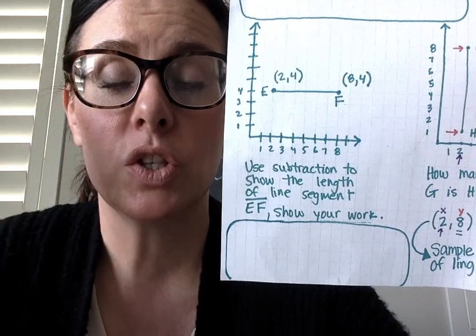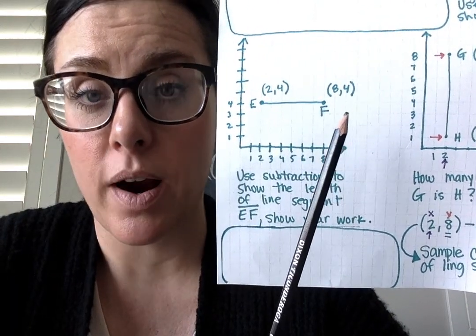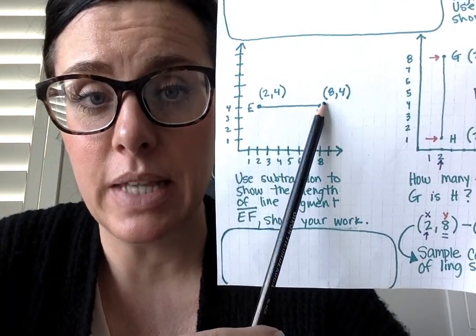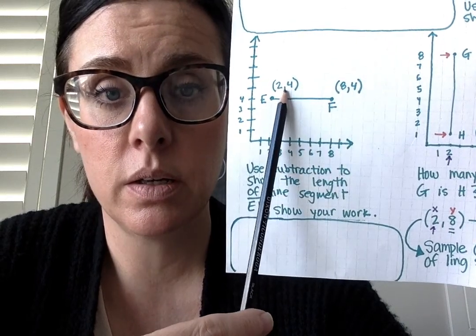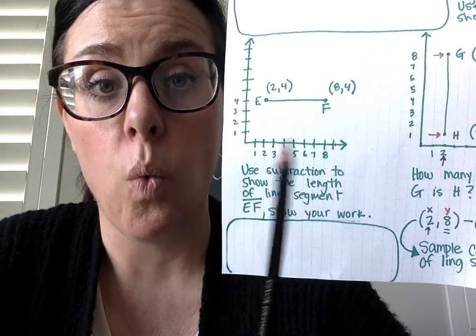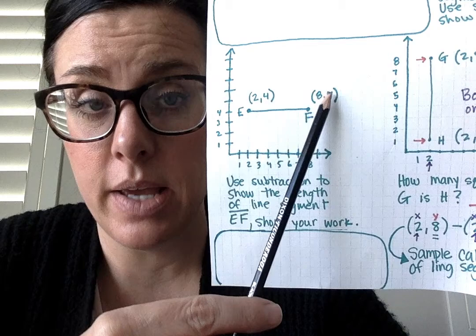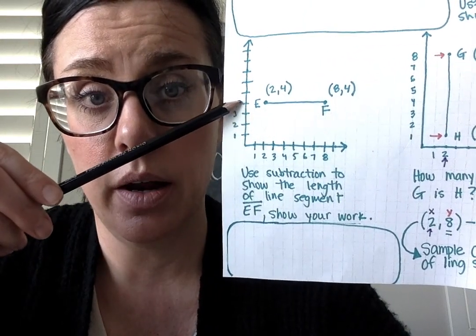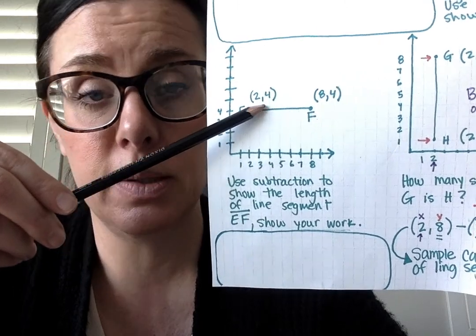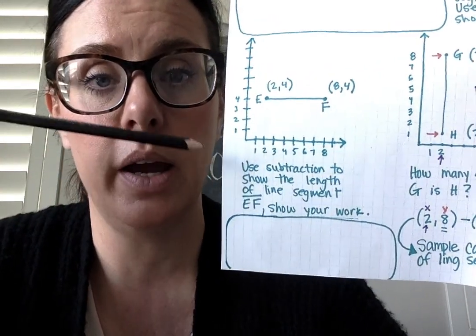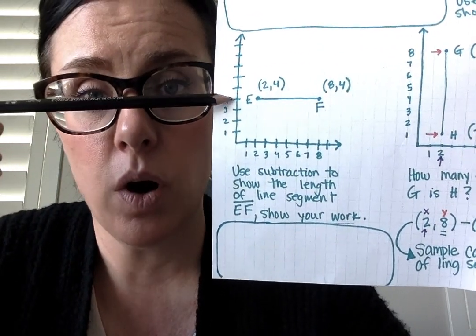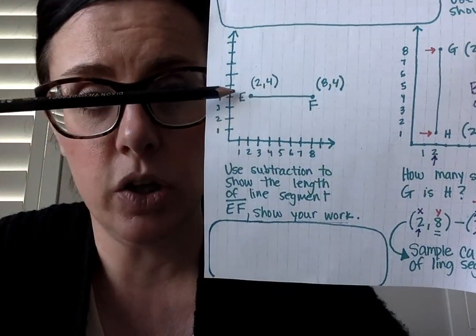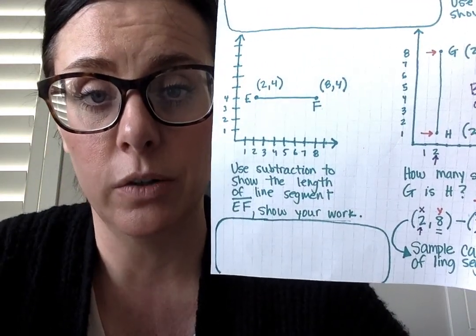All right, folks, so on our line, I'm sure that you found what was the same was our 4's, right? That are on the Y, it's telling us that the Y is our 4's, which means that our line is on the 4 on our Y-axis right here, so our line is horizontal.